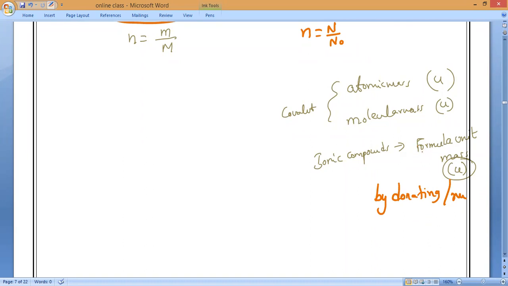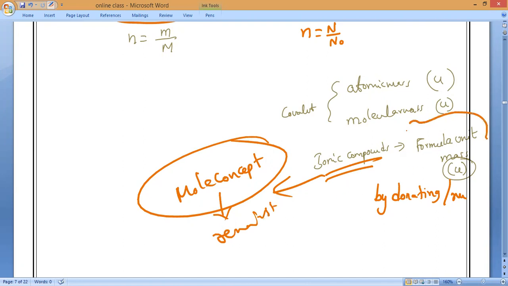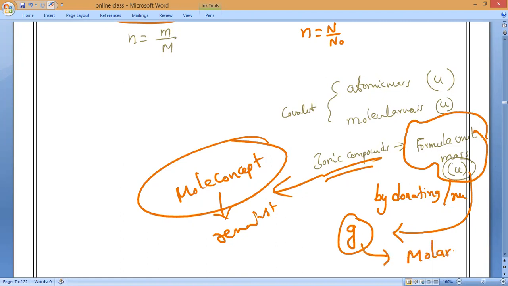So for ionic compounds also, the mole concept is the same. Understanding, everyone? For every kind of compound, the mole concept remains the same. So we will find the formula unit mass first and convert this formula unit mass into grams. When you convert formula unit mass into grams, what is that called?